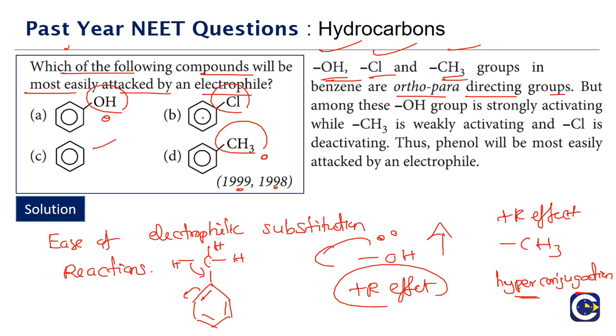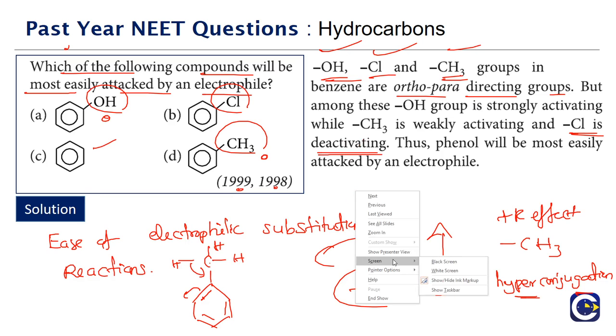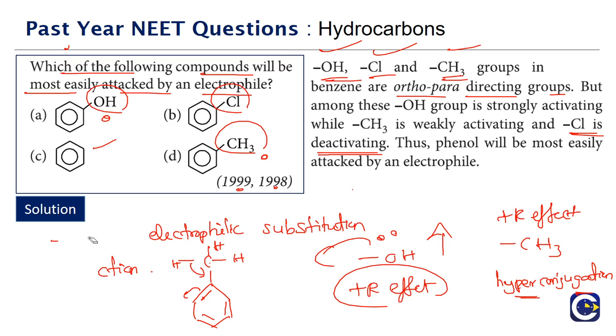Whereas if you look at chlorobenzene, it is also an ortho-para directing group, but this is the exception. Generally, ortho-para directing groups have the plus R effect and activate the ring. The exception is the halogens attached to the benzene ring.